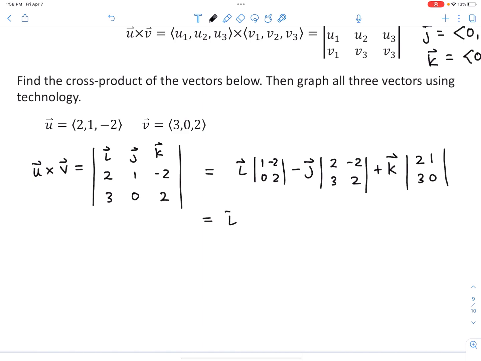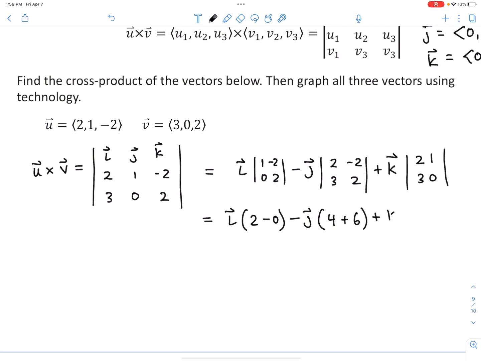So we have a vector i times, and we do a 2 by 2 determinant right here. To do a 2 by 2 determinant, you multiply the diagonal entries and then subtract the other product. The 1 times 2 gives me a 2, and then subtract, and we do 0 times -2. That's just 0, so subtract 0. Then we subtract the vector j and do a 2 by 2 determinant here. So we do 2 times 2 is 4, and then 3 times -2 is -6, but we subtract that, so it becomes +6.